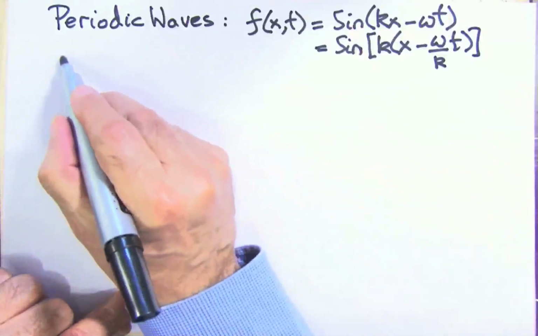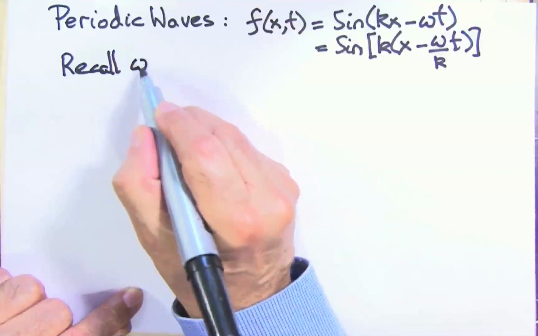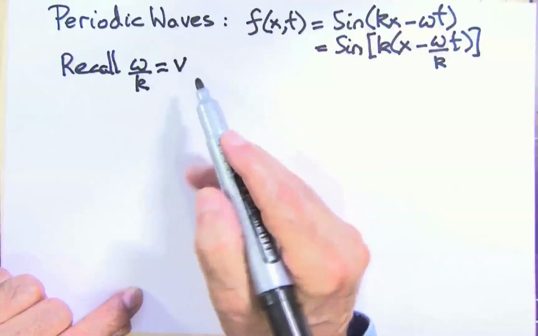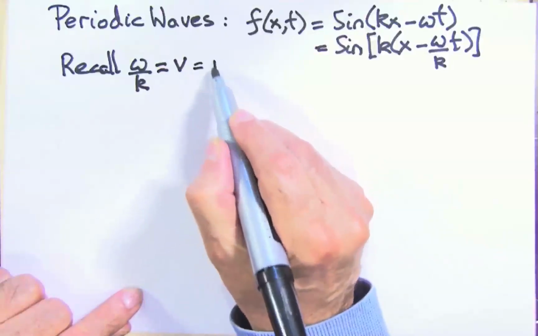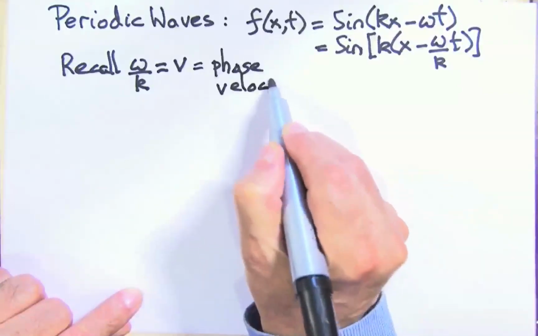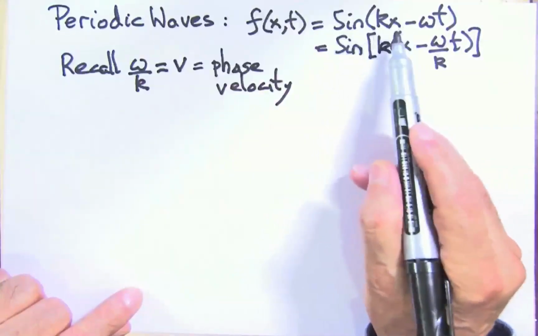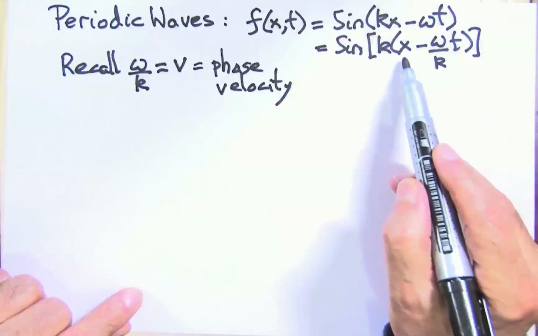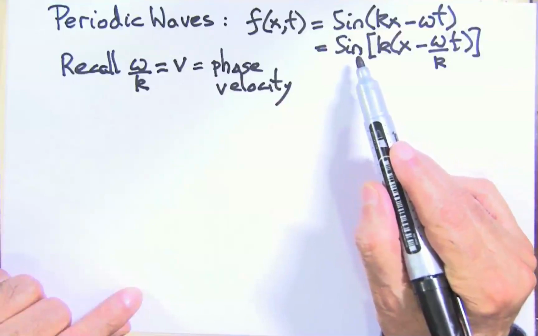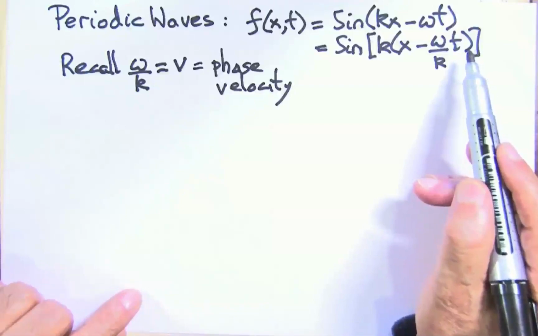And now recall what we had discussed the last time, that omega over k is what we call v. v is the phase velocity. And so what we've done is we've taken this periodic function sine of kx minus omega t and put it in the form x minus vt. And so obviously you know that this is going to be a solution of the wave equation.